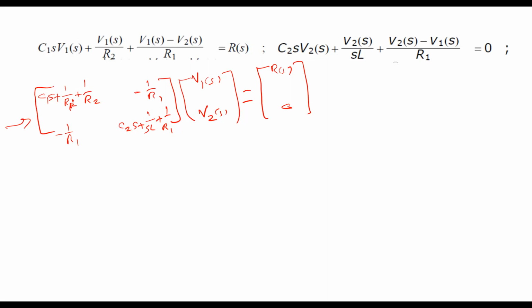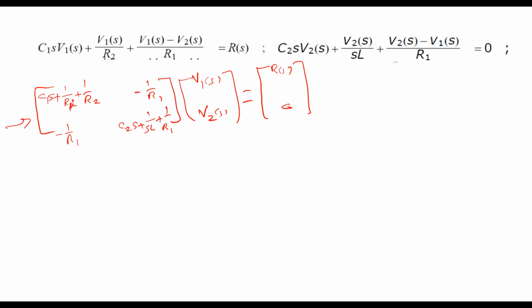Perfect. Shabab, by the way, I hope you know how to invert at least 2 by 2 matrices. How do you invert matrices, Shabab? We take first of all the determinant. And then we modify the main matrix by swapping the main diagonal entries and take the negative of the off diagonal, or the secondary diagonal.